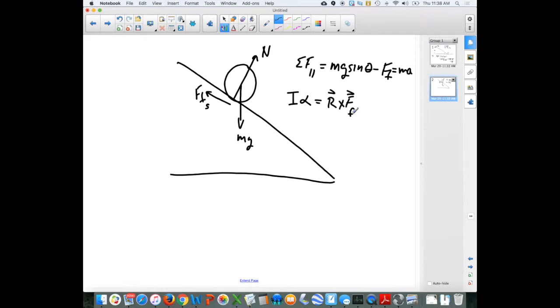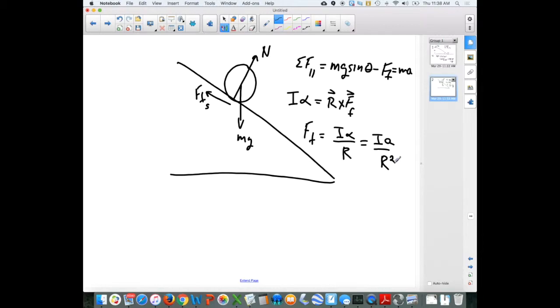Does that make sense? So I can write the force of friction is I alpha over r. Or remember that alpha is a over r, so I can write this as I a over r squared.